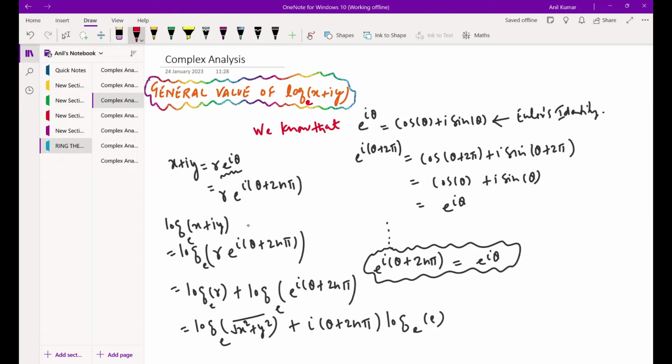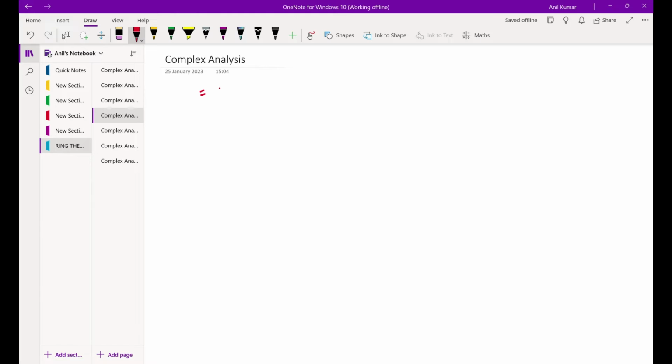Using the identities of logarithmic function, we know that log of e to the base e is always equal to 1. So it is equal to 1 by 2 log of x square plus y square to the base e plus iota theta plus 2n pi.